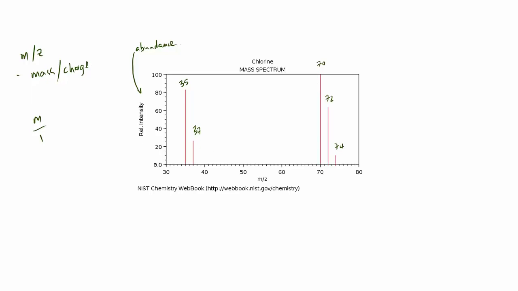Relative abundance can be in percentage, or it can be in arbitrary units. This one is not in percentage, which means our total abundance, if you added all these up together, would come to much more than 100. And that's something that I'll touch on in a bit when I look at some questions.